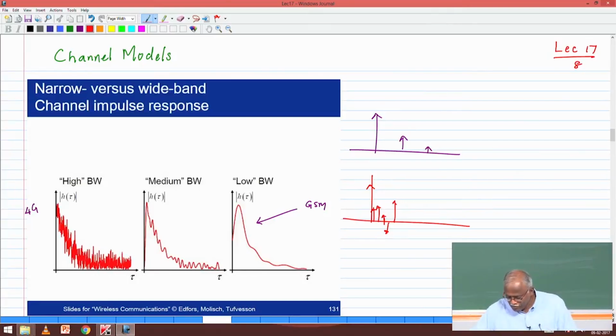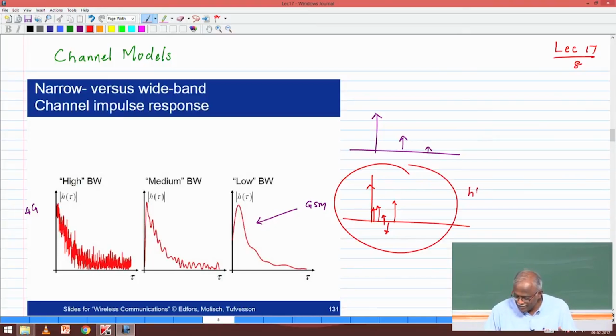Now comes the next part, which is the most critical in terms of interpretation. The true channel has lots of multipath. If I call this filter h of t, and ask you to compute the frequency response, it will be h of f. When there is a lot of multipath, you expect h of f to have lots of variations.